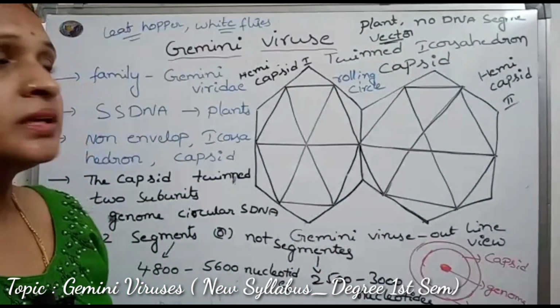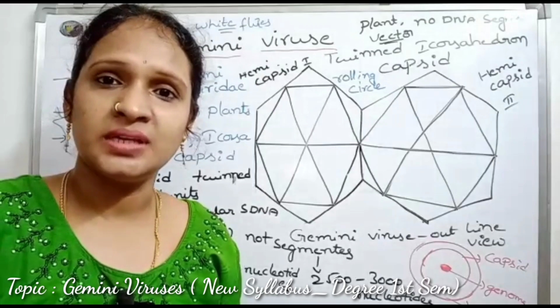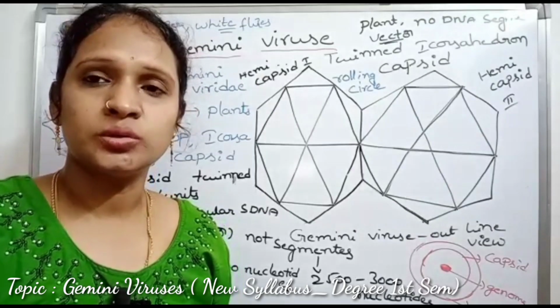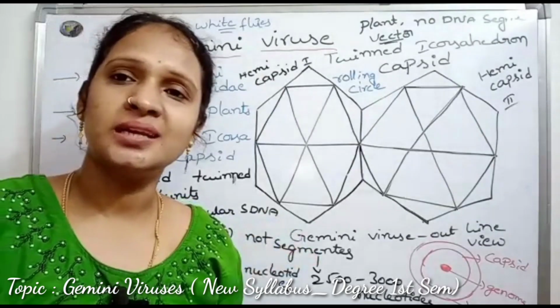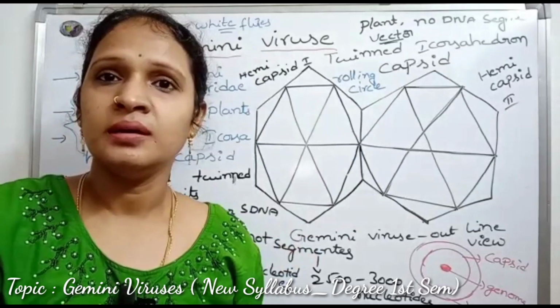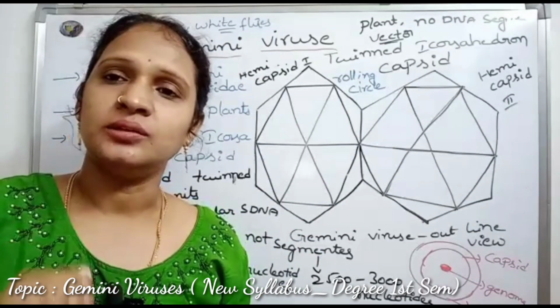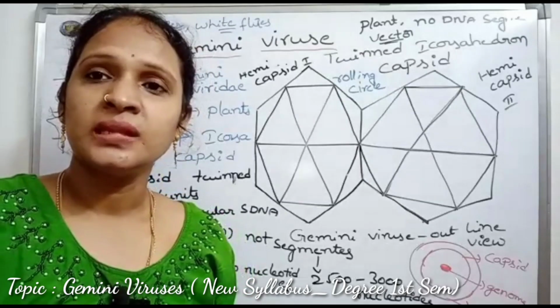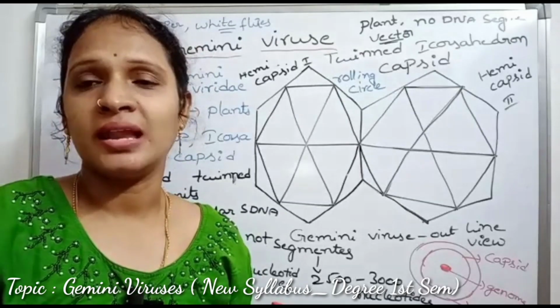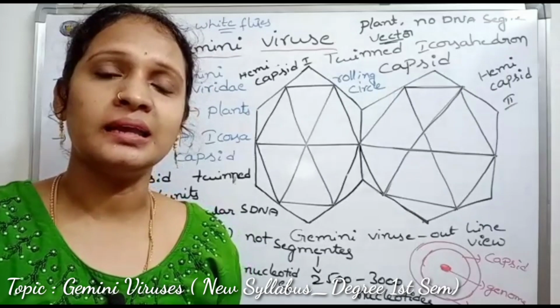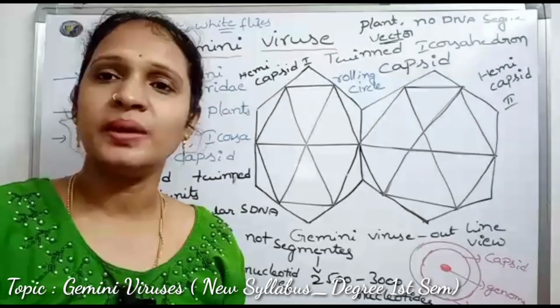What are the symptoms of the diseases? First, the plants show stunted growth. Stunted growth means not developing, short plants. Next, vein swelling. And second, leaf curling. Leaf curling means leaves become curled.